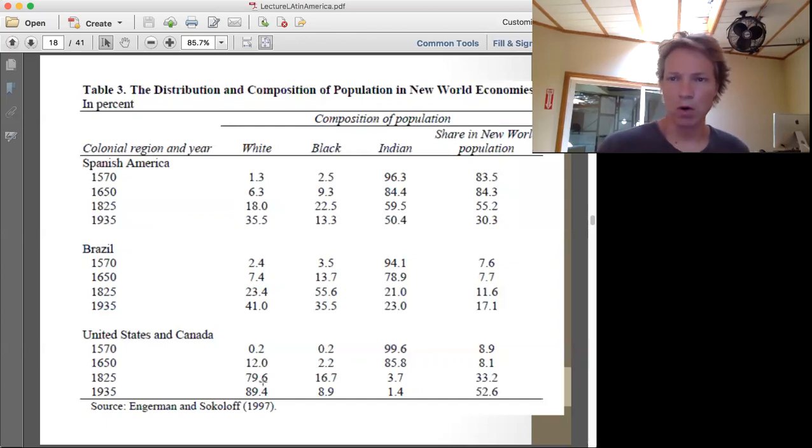This is due to immigration. Whereas in these countries, which are built on extraction, there is much smaller European migration. And much higher, especially in Brazil, much higher numbers of imported slaves from Africa as a percentage of the population.